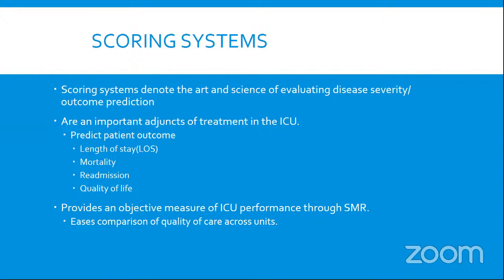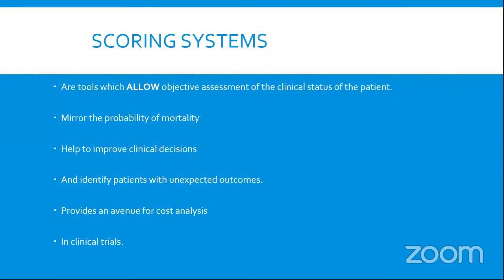So what do scoring systems actually do? They provide an objective measure of ICU performance, and they compare one intensive care unit to another. They are tools that allow objective assessment of the clinical status of the patient, mirror the probability of mortality, help to improve clinical decisions, and identify patients with unexpected outcomes.